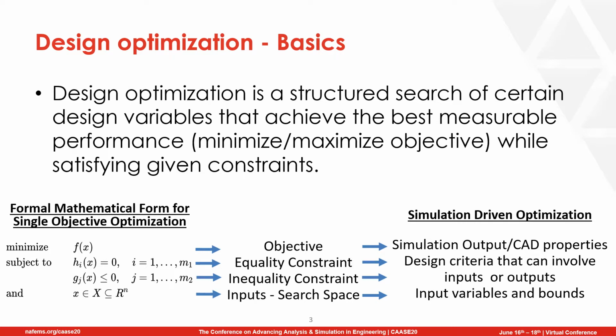Here at the left-hand side, there's the formal mathematical form of single objective optimization, where there's an f(x) function to be minimized, which is the objective, and that corresponds to simulation output or CAD properties in a simulation-driven optimization, where CAD properties being mass or volume, simulation output, depending on the simulation type, it could be stress, displacement, velocity, or gain.